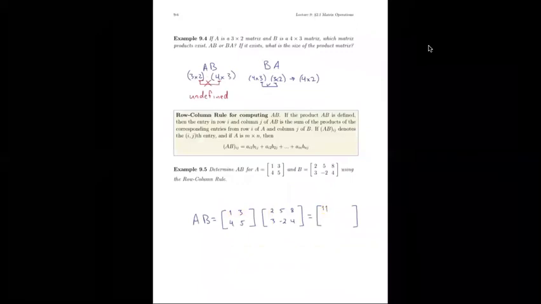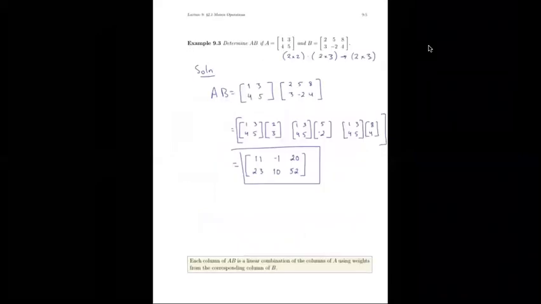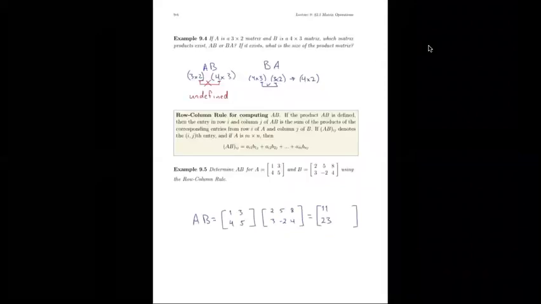We've got second row, first column, and we'll end up with 4 times 2 is 8, and 5 times 3 is 15, so 8 plus 15 is 23. Go back and check on the previous matrix. We have 11, 23. We see that this is working out, and we're going to end up with the exact same matrix. So I'll leave this as an exercise for students to calculate the rest of these in a similar fashion.